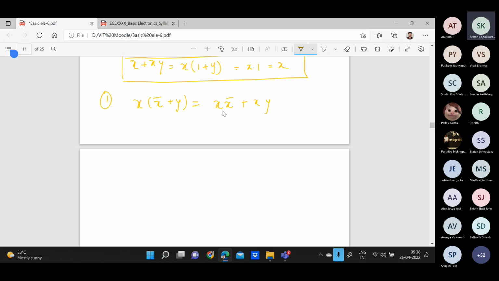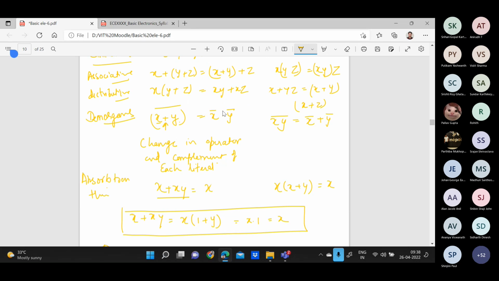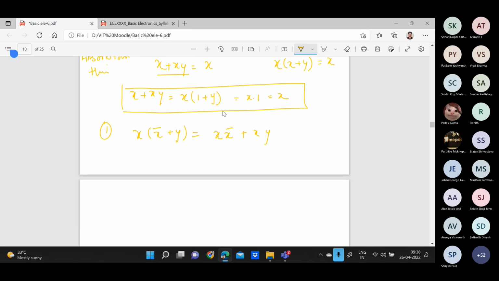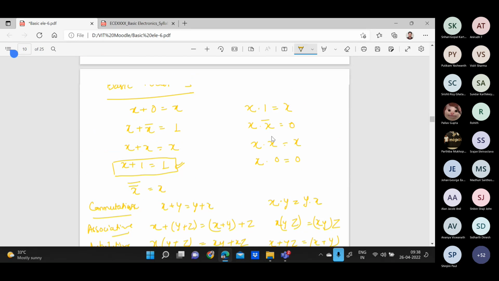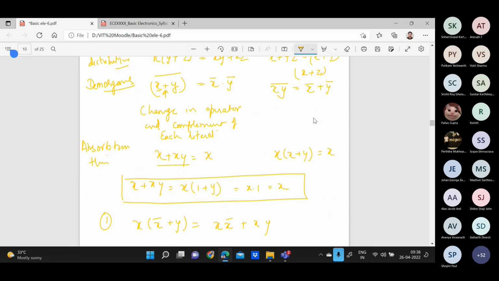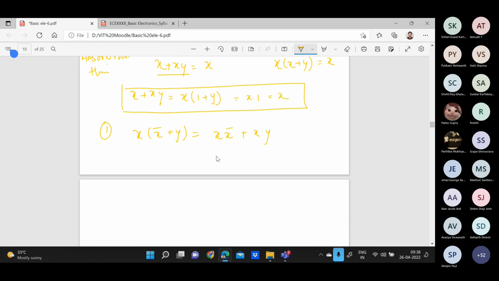I will explain De Morgan's theorem after this simple example. Now X bar is 0, so it will be 0 plus XY, and that will be XY. That is your answer.